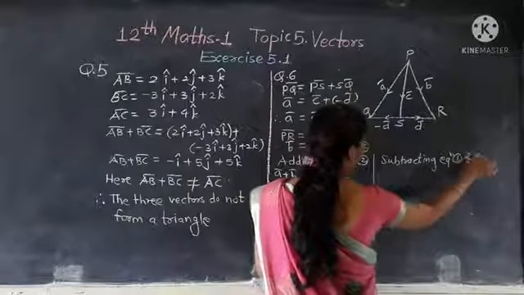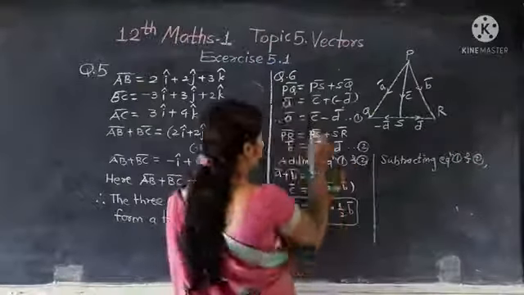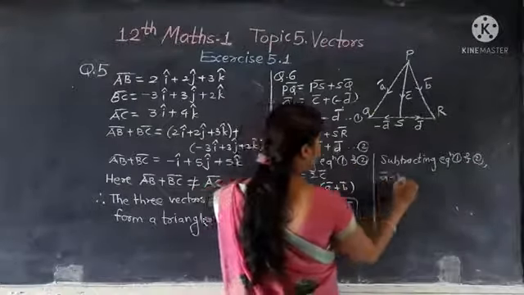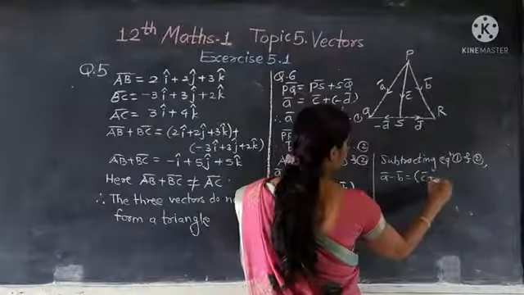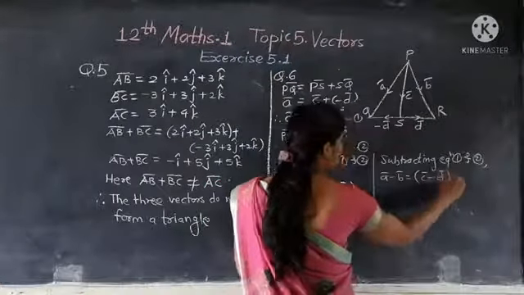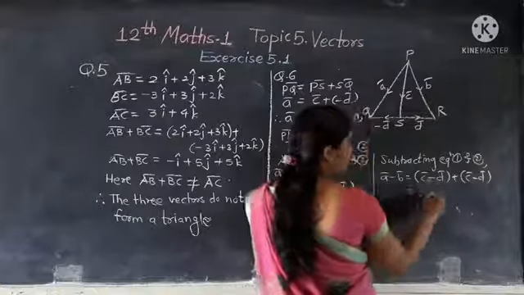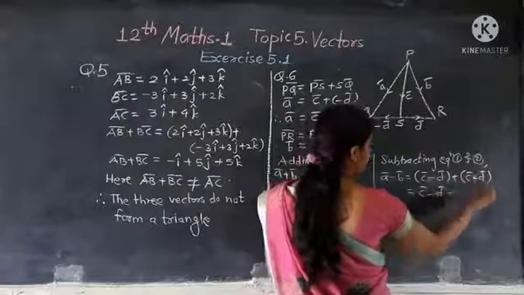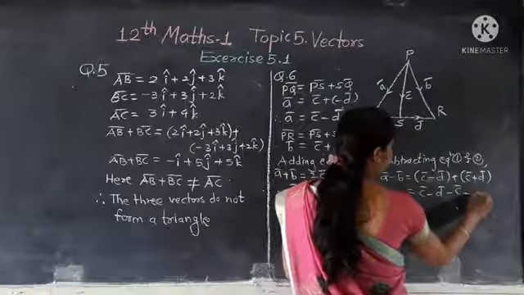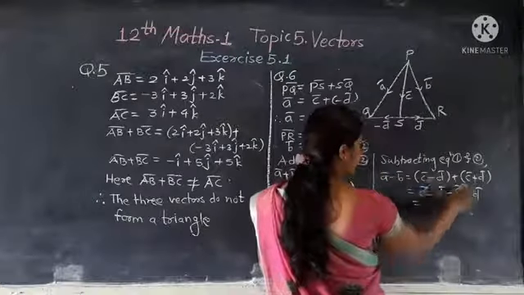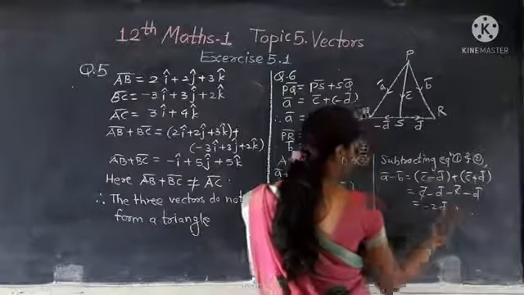Now subtracting 1 and 2, we get A bar minus B bar is equal to C bar minus D bar minus C bar minus D bar. C bar will cancel, minus 2 D bar.